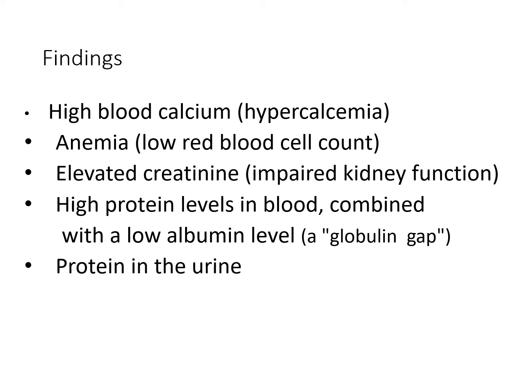With that as well, they get protein in the urine. To describe the globulin gap, you may see it described as the difference between the total serum protein and albumin. That's not something you necessarily need to memorize, or how they calculate it, but know that this is a feature that happens in multiple myeloma.